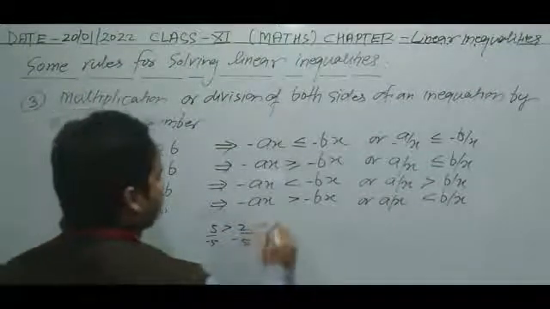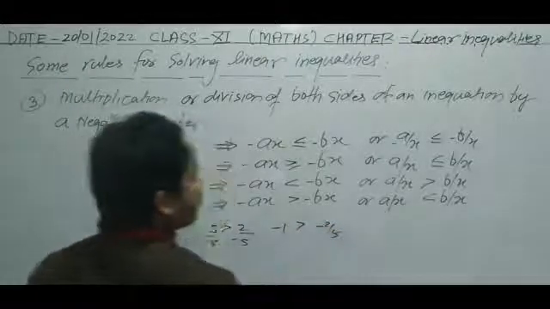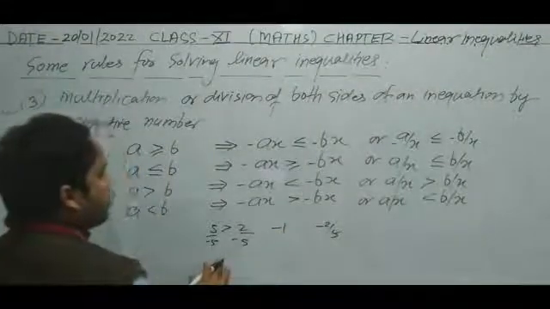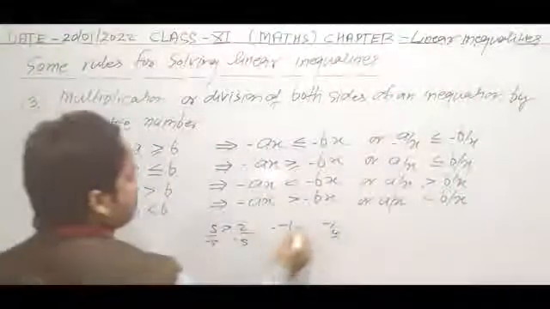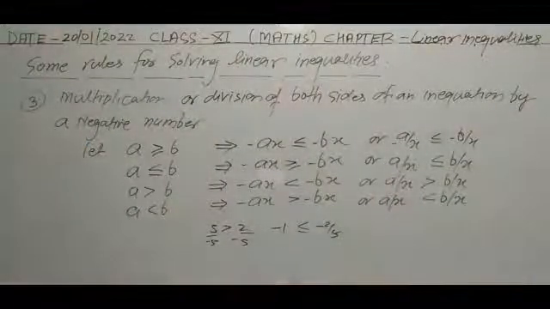So you will get minus 1 is greater than minus 2 by 5. This inequality sign will be changed.